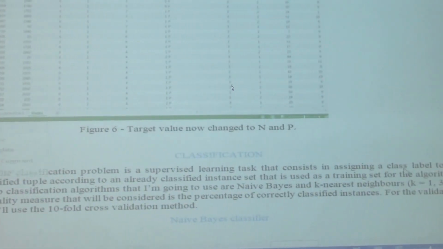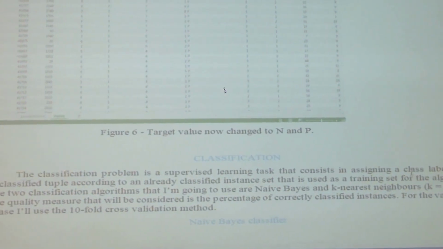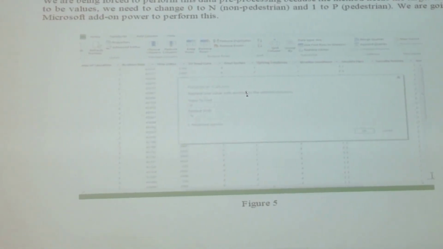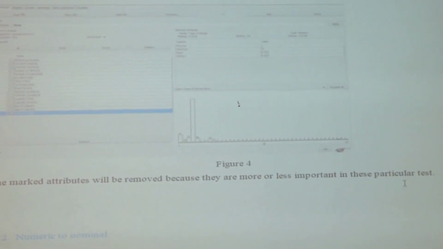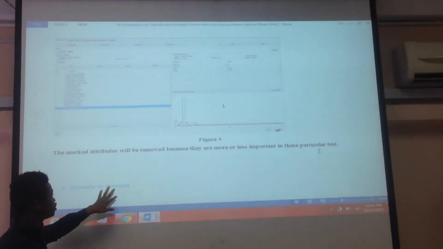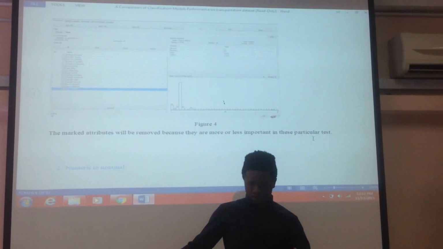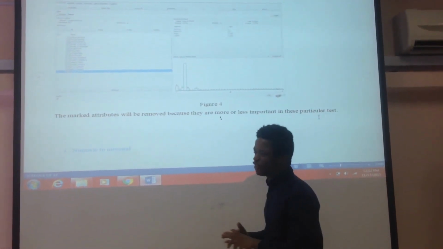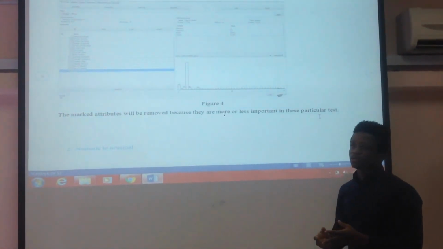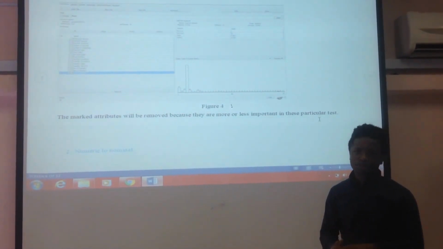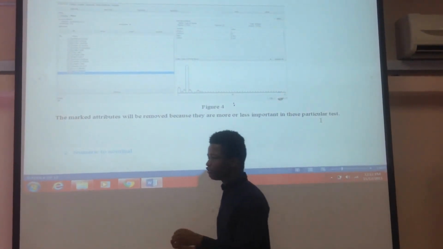Another preprocessing step that we have to do is numeric to nominal. We have to do this because classification in Weka always uses nominal values rather than numerical values.